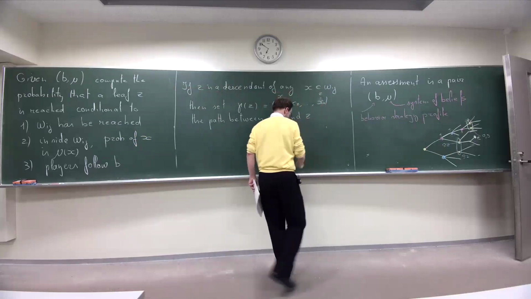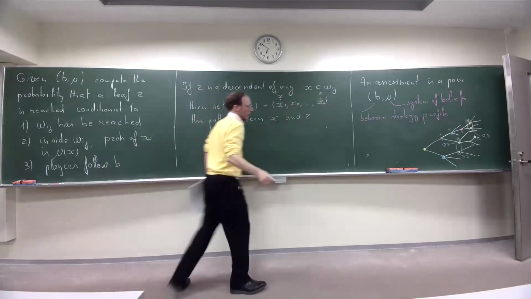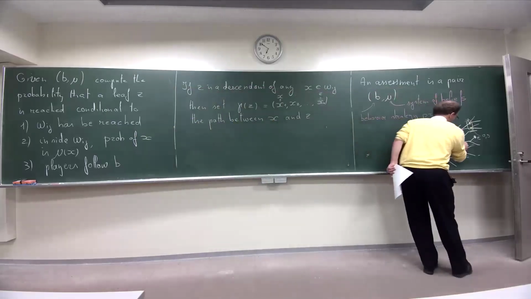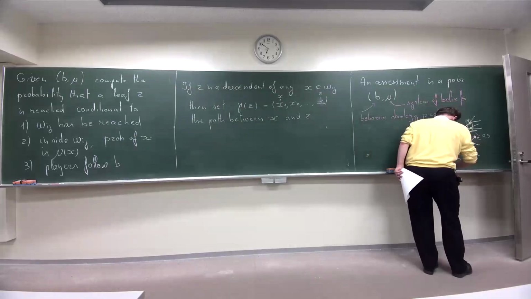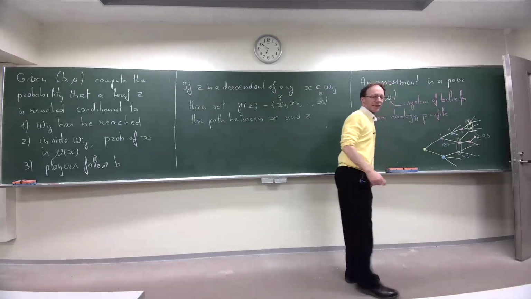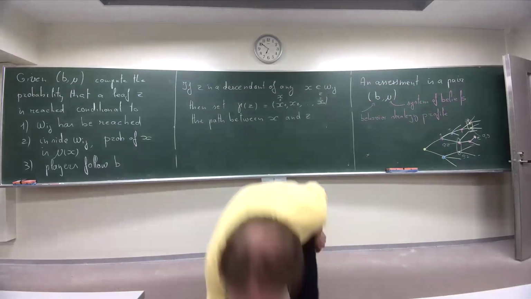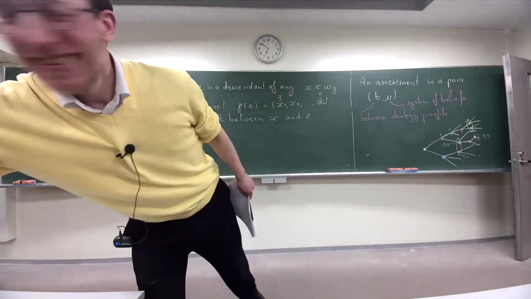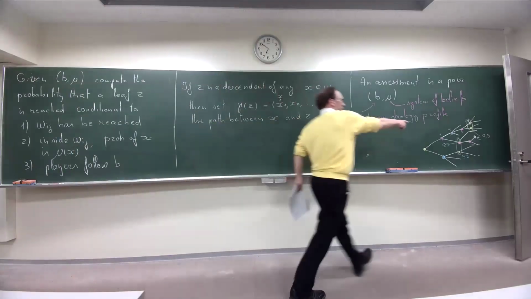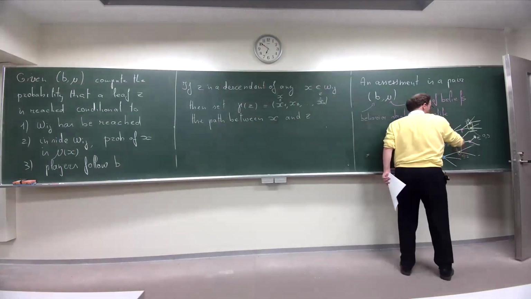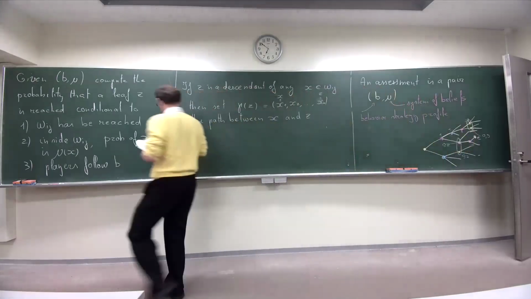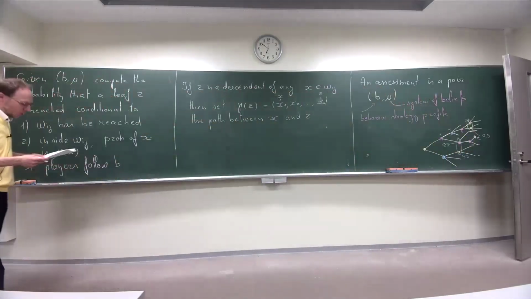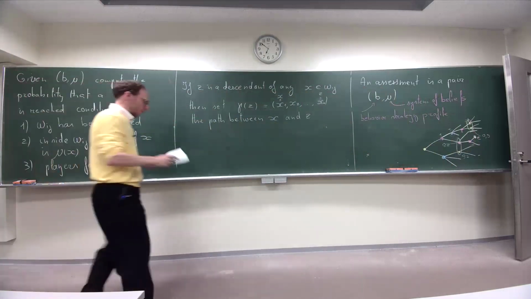So in this picture, it's quite simple. I have only the first one, second one, and third one. So this is a path from x, which belongs to omega ij, to z. I may have more than just 3 points, but in this case, we have 3 points.